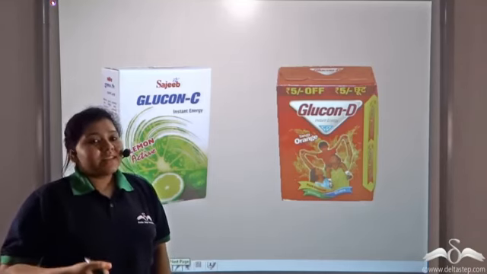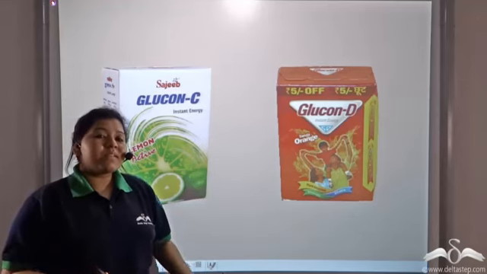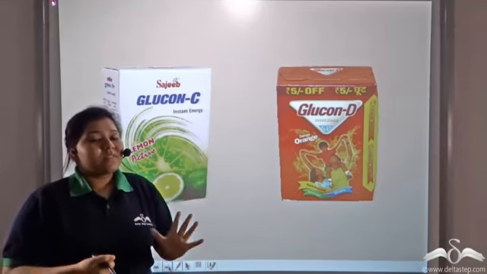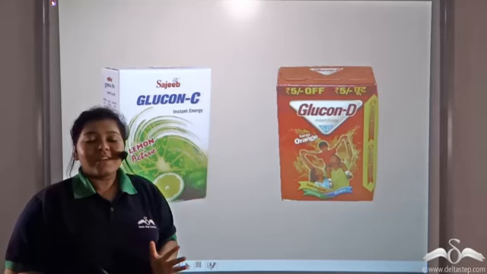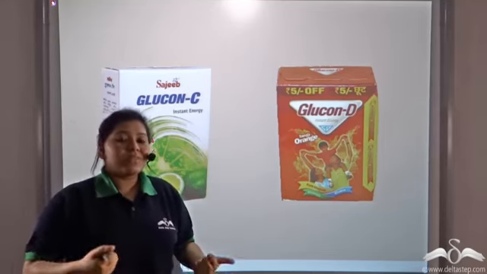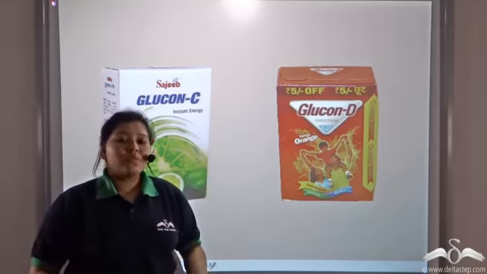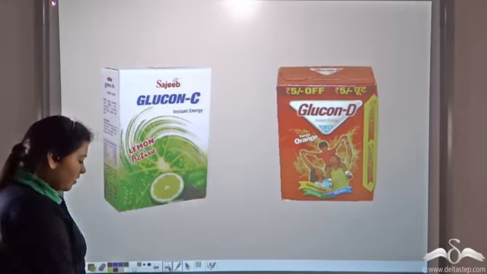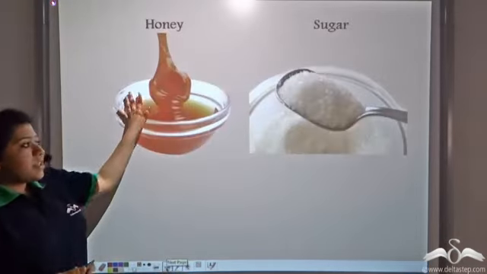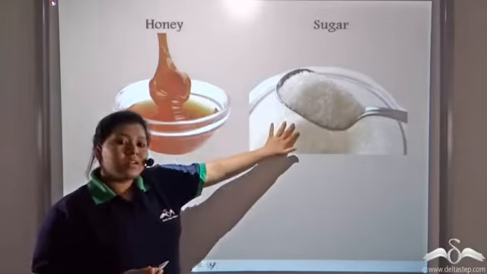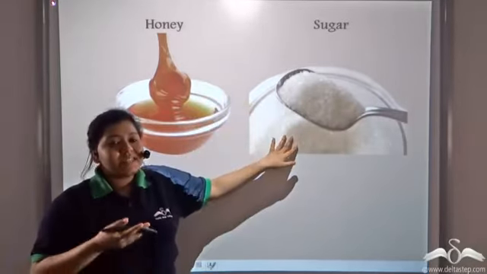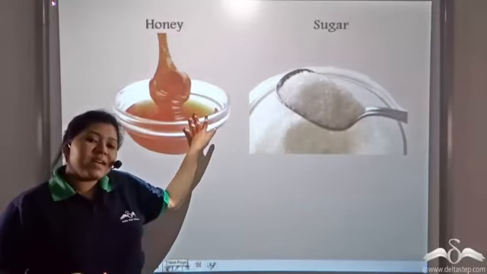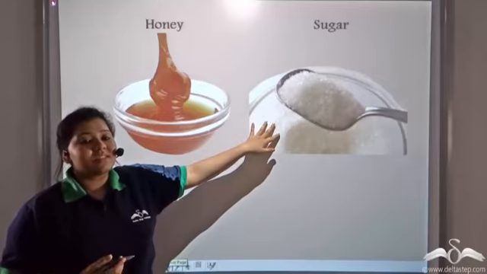So is this energy production limited only to glucose within the sweet food? Well, no. There are other sweet foods which provide us with energy. Let us look at those. See, there is honey and sugar. Both of them are sweet in taste, and even they provide us with energy.